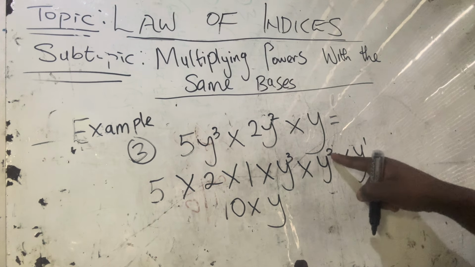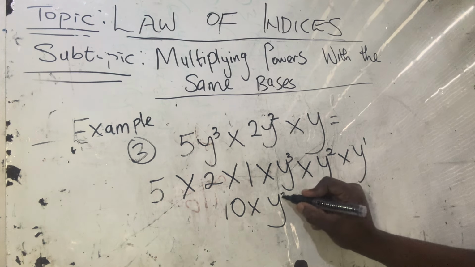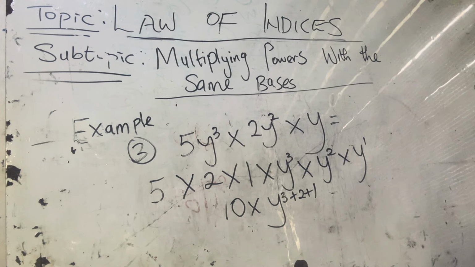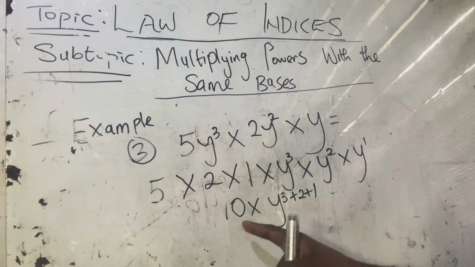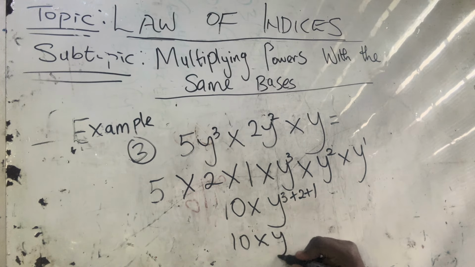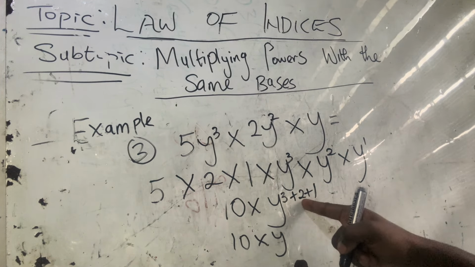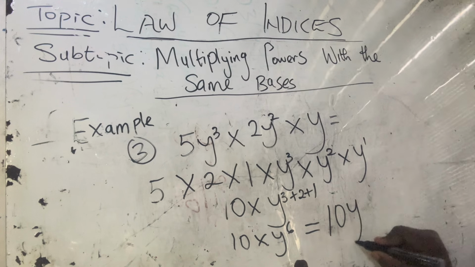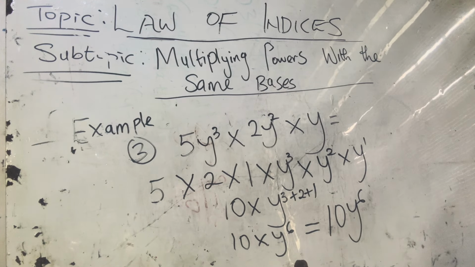So I'm going to be adding the powers together by saying 3 plus 2 plus 1. Now, we have 10 times y raised to power 3 plus 2, which gives us 5. 5 plus 1 is 6. So your final answer is 10 times y raised to power 6, which gives us 10y raised to power 6.